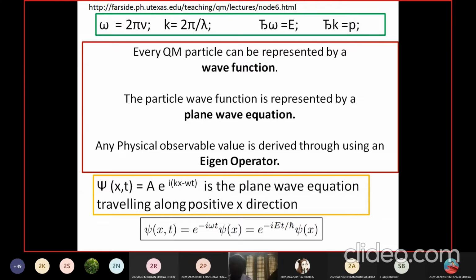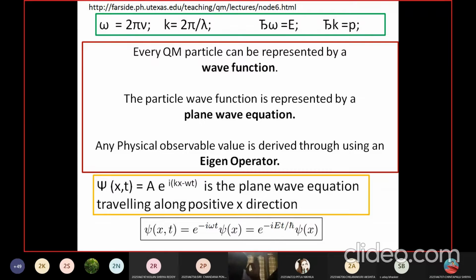What is this? When you say you have a matter, you should know its position. You should know its velocity. You should know its kinetic energy. You should know its potential energy. These are some of the things that you should know about the particle. Now, these are called the observables. That means they can be observed by an observer.